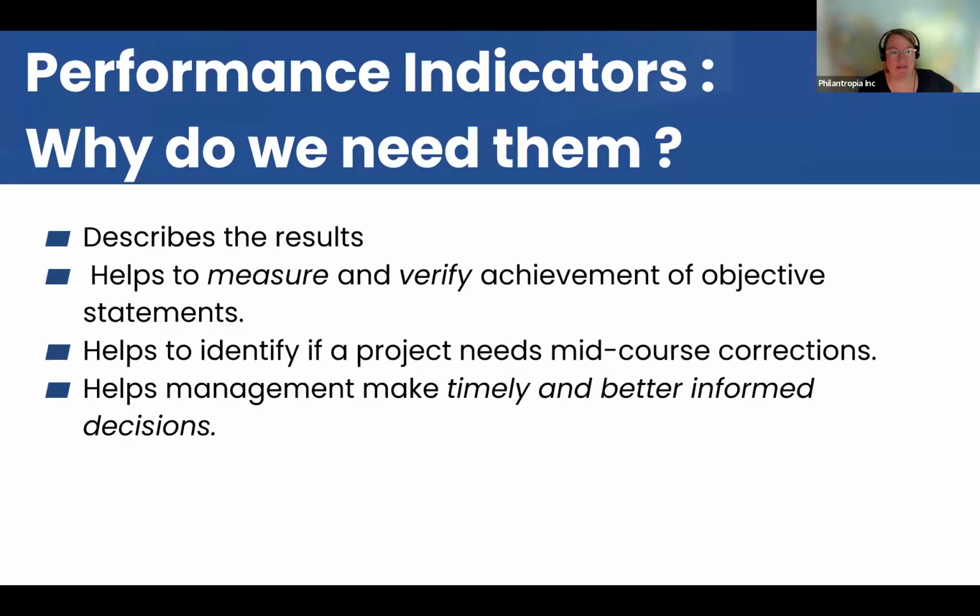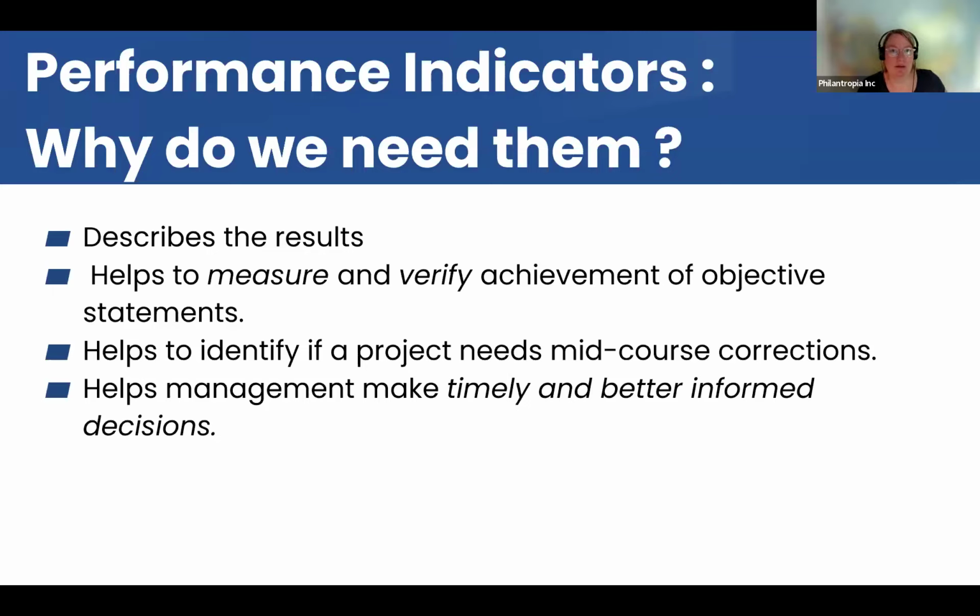It helps to identify if a project needs changes, mid-course corrections. So if you run into a roadblock, which often we think it would be super obvious when we're running into a roadblock, but sometimes it's not. Sometimes we just do the project work, and then at the end we write a report and we realize, oh my God, we just achieved half of what we wanted to achieve. But if you have indicators and you report on them constantly, regularly at milestones, then you realize if there's something that needs changing.